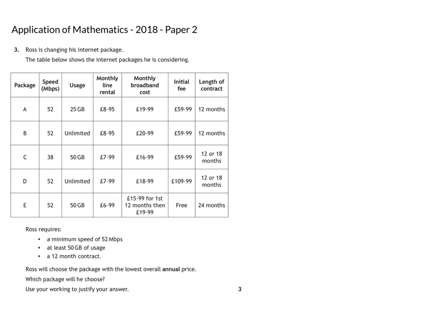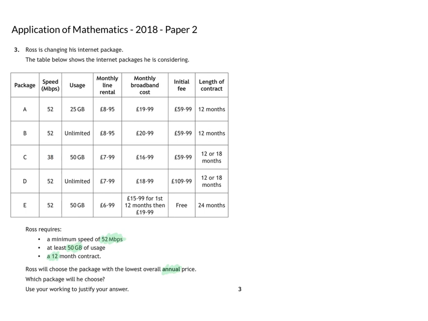So the important bits are the annual price, the 12-month contract, 50 gigabytes of usage, and 52 megabytes per second. Using this, we can eliminate some straight away. If we start by looking at the speed, if it's less than 52, we can get rid of it.